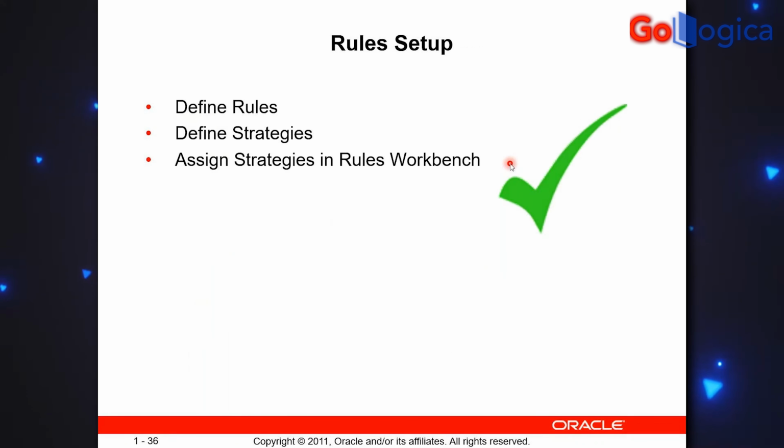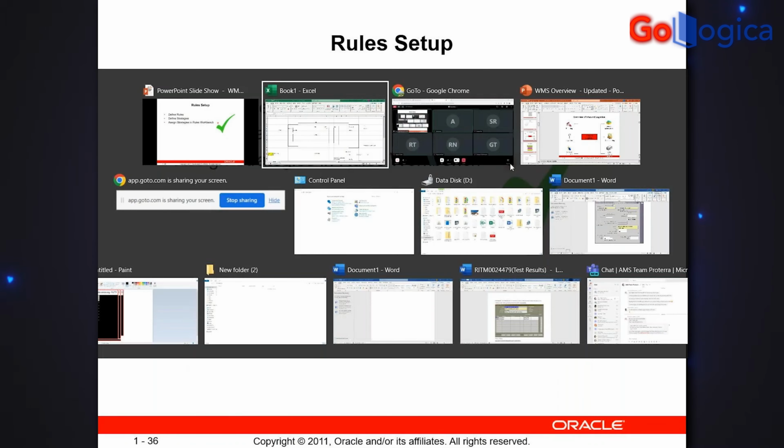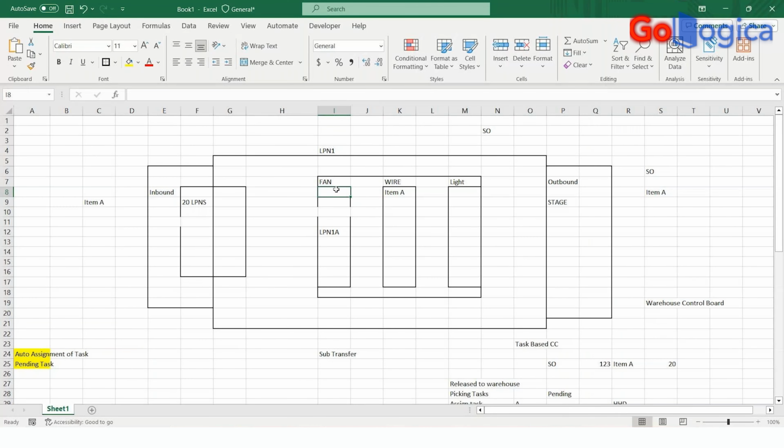Rule setup. How do you set up the rules? There are three hierarchies, I would say. Number one is you will write a rule first in your rules window. Once this rule is written, you can assign that rule to a strategy. For example, let us say we have three types of SKUs here. When fan is coming, you have a separate rule for that.